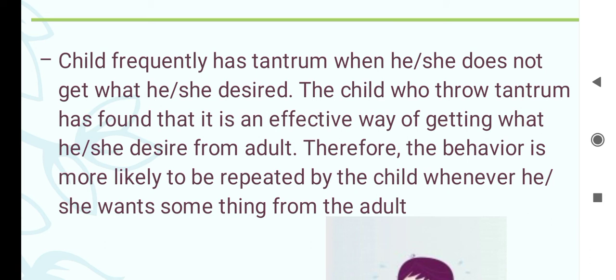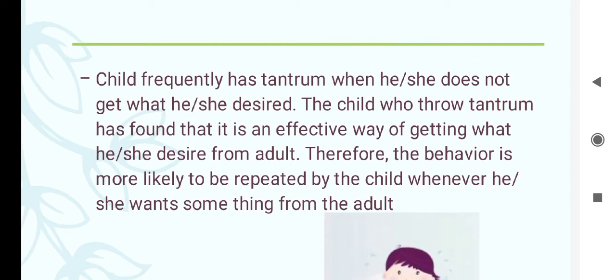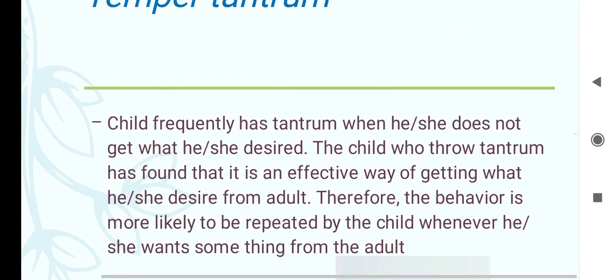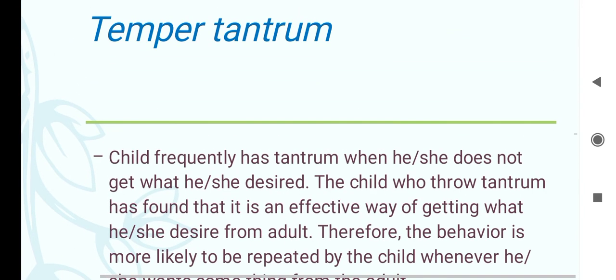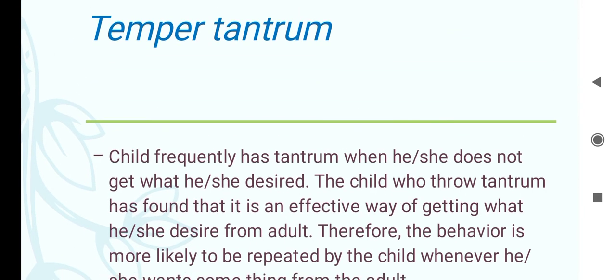So if parents keep fulfilling their desires whenever they wish for something by throwing a tantrum, actually that becomes a cause. They bring that behavior into the classroom.